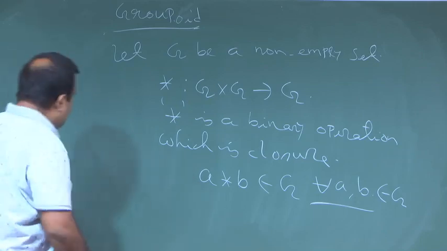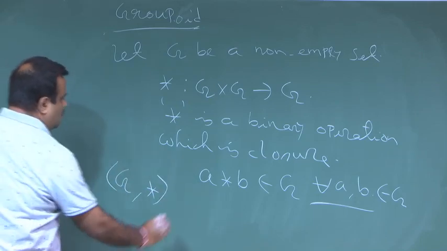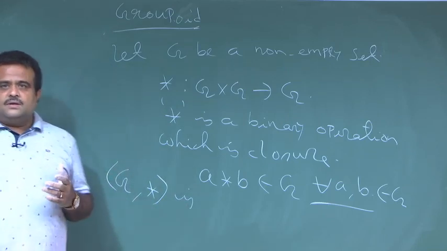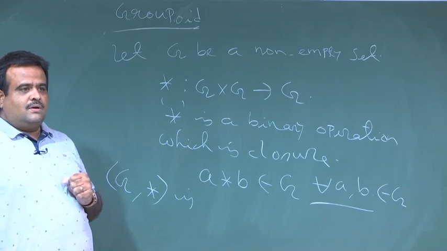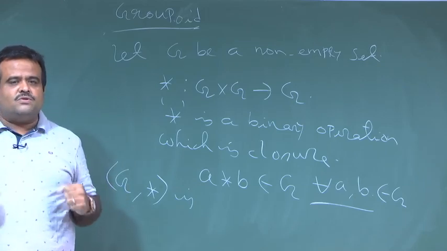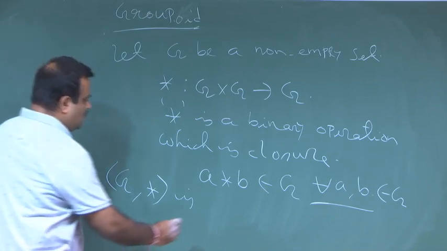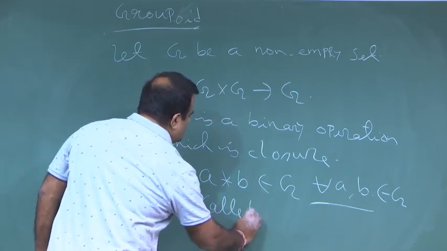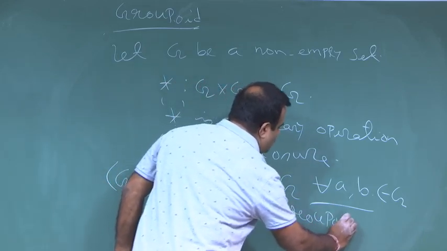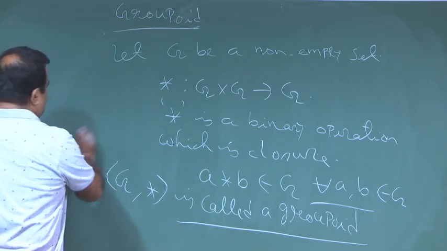Then G along with this operator is called a groupoid. This is an algebraic structure, an abstract concept. So G along with this binary composition star is called a groupoid.